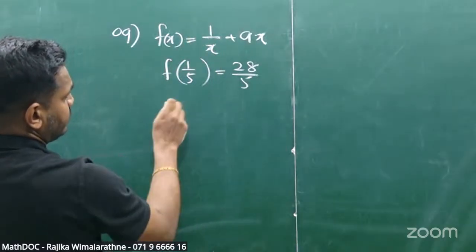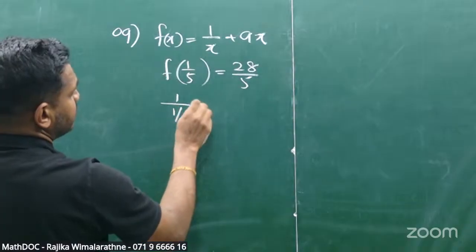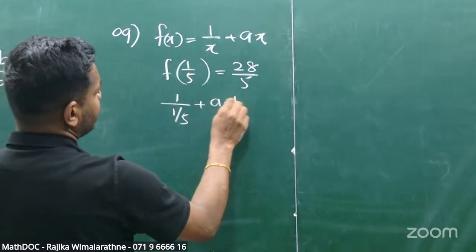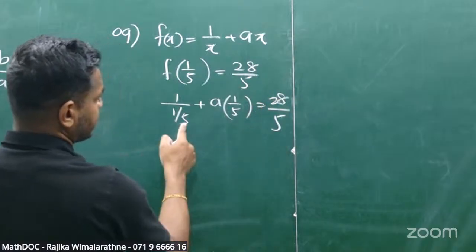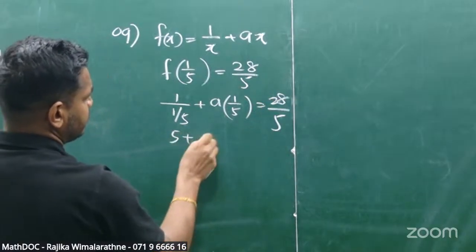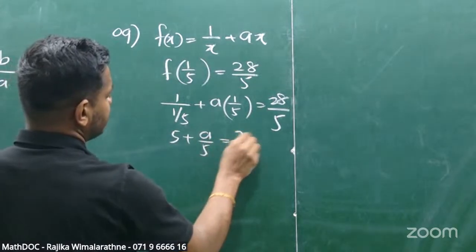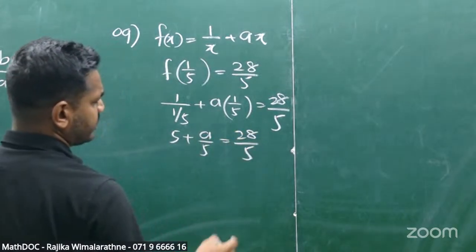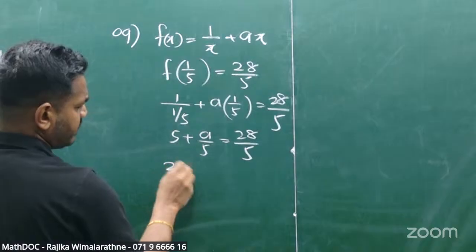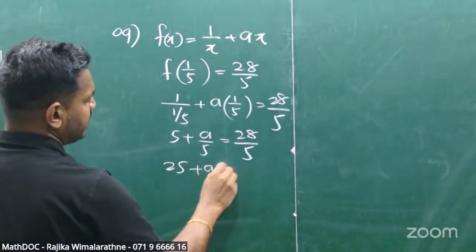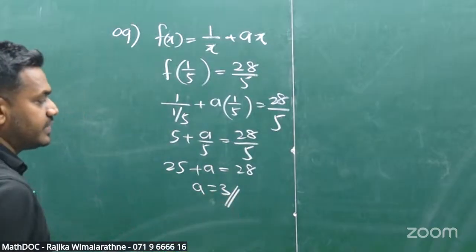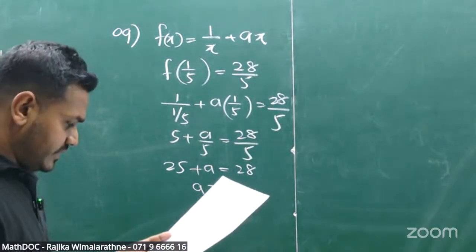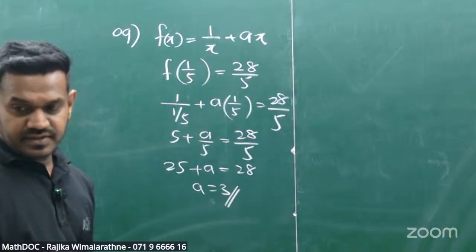Then 1 over 1/5, plus a times 1/5, equals 28 over 5. Put it here: 5 plus a over 5 equals 28 over 5. Then multiply by 5 now: 25 plus a equals 28. Then a equals 3. The value of a is 3.